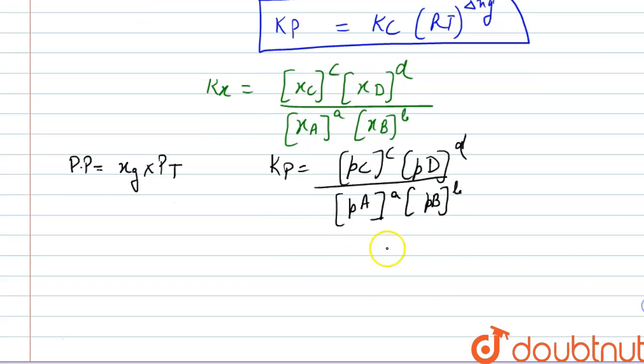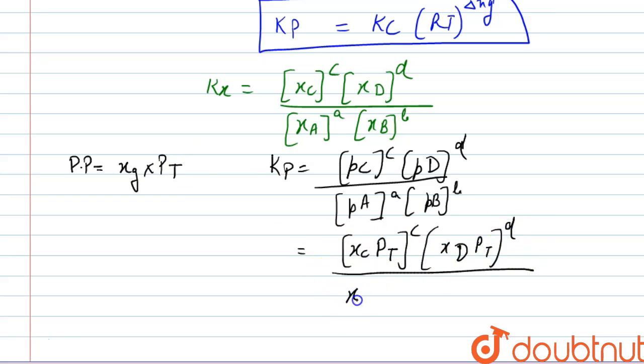We will put down the values. We will take Pt as common. Firstly we will write (xc Pt) to the power c, (xd Pt) to the power d, divided by (xa Pt) to the power a and (xb Pt) to the power b.